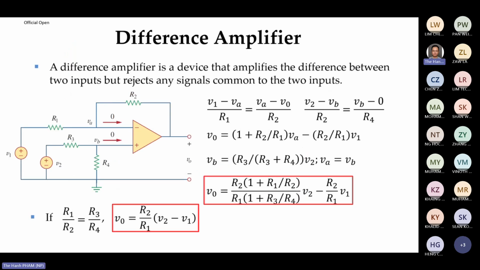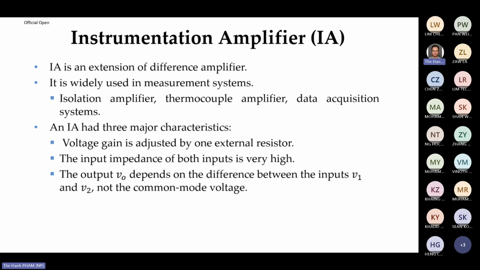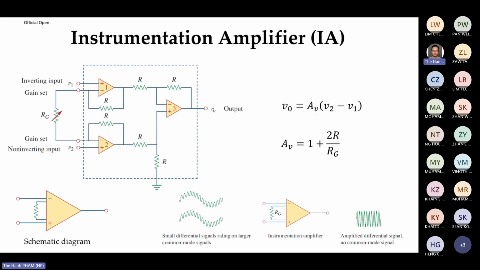Now, the difference amplifier, I think you have seen this before. I just provide it here for you as a recap. The difference amplifier doesn't have high input impedance. So from there, they can modify this circuit to have an instrumentation amplifier. In the instrumentation amplifier, you get these two op-amps to have high input impedances, correct?